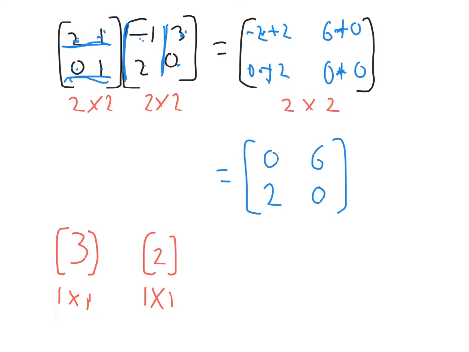So in the past, when we've done 3 times 2 and got the answer 6, that's the same as having a 1 by 1 matrix with 3 in it multiplied by a 1 by 1 matrix with 2 in it, because the resulting matrix is 1 by 1.